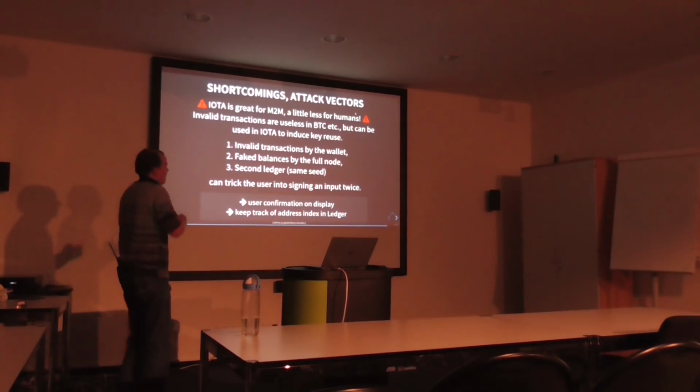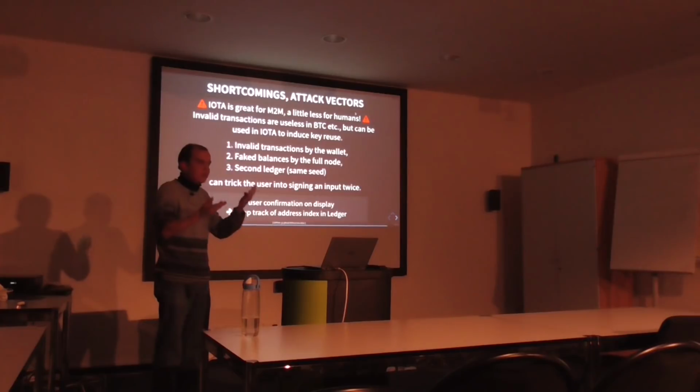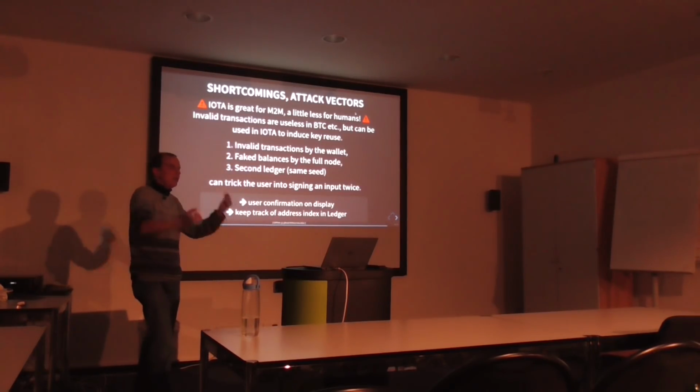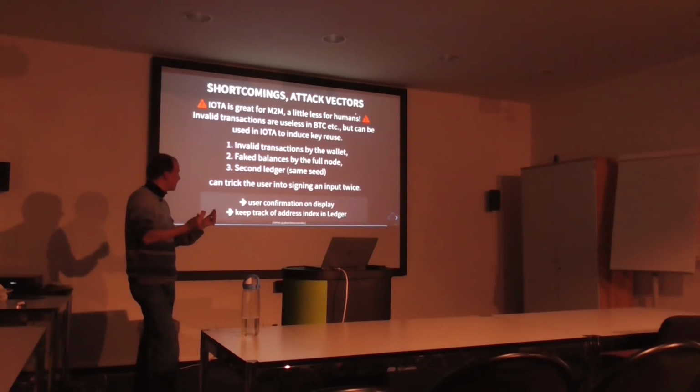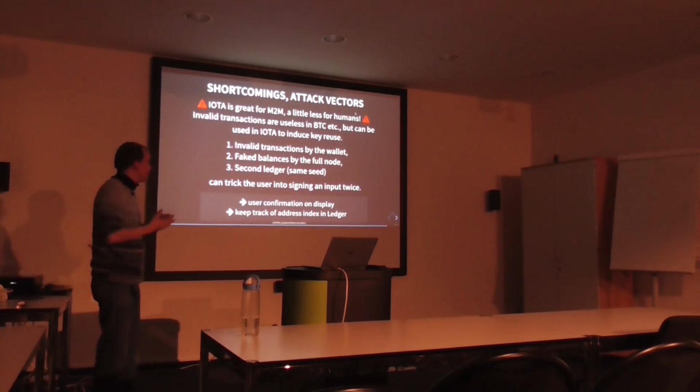Also, if you use a second Ledger initialized with the same seed, for example, a backup Ledger locked up in a safety deposit somewhere, then you could potentially generate a transaction from the same address because they are referring to the same index.